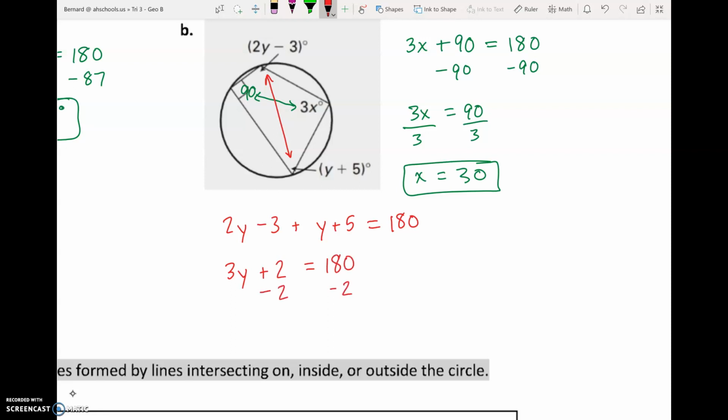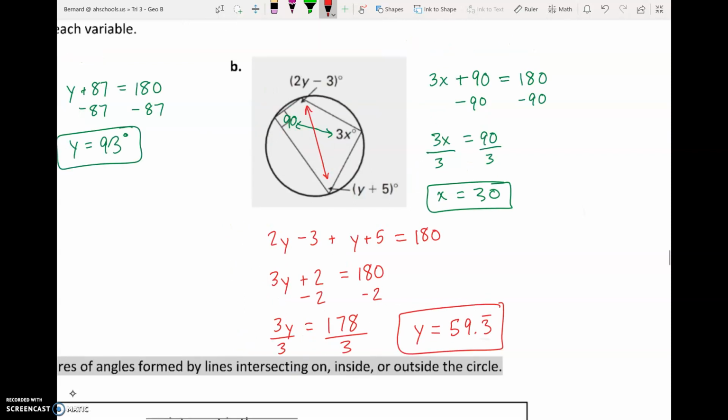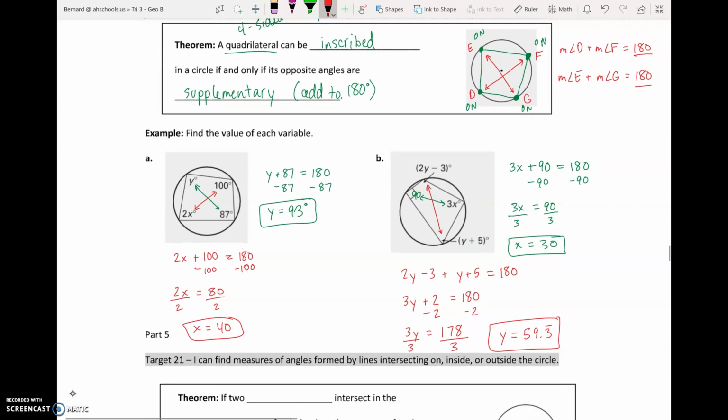Subtract 2 from both sides. 3y equals 178. And then divide both sides by 3, and we get that y equals 59.3 repeated. Perfect. And that's it for part 4.